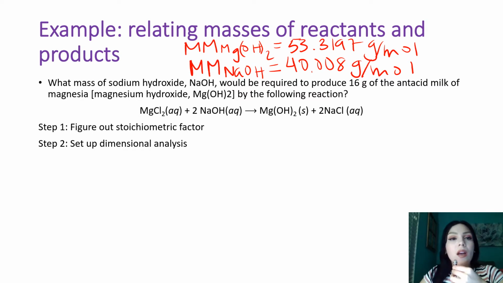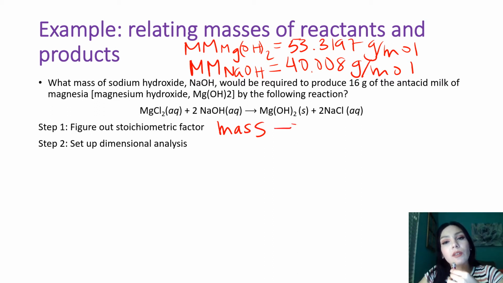So this problem is asking for the mass of sodium hydroxide that would be required to produce 16 grams of magnesium hydroxide following this reaction. I don't have the mole map here specifically on this page, but if you have it printed, just remember to use it right now. That's what I'm going based off of. So we're starting off with a mass, right?